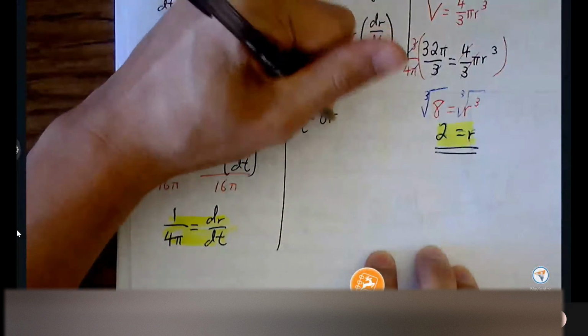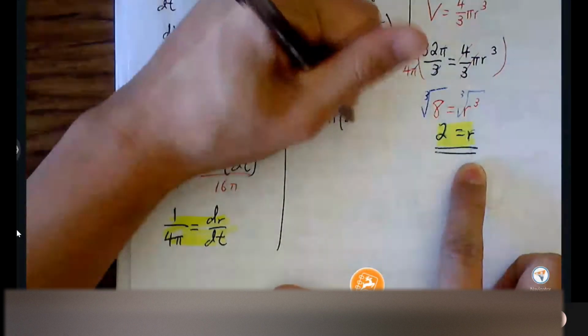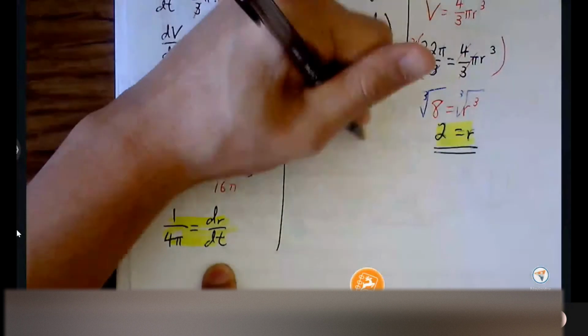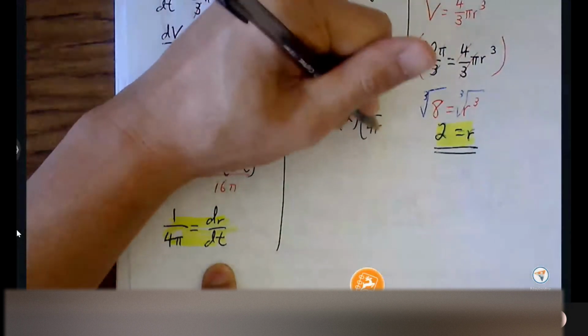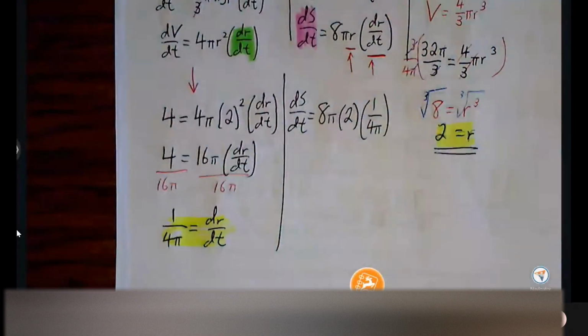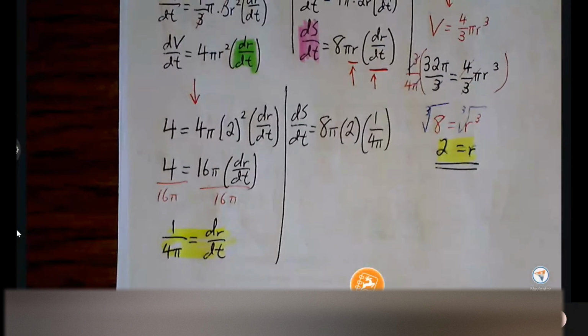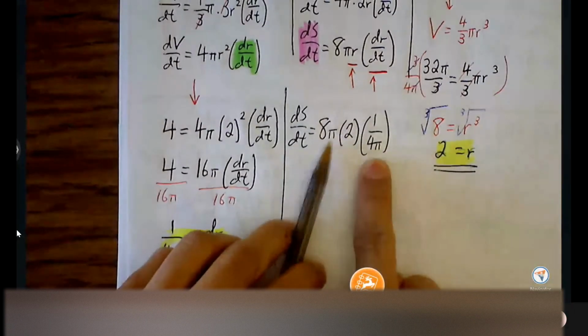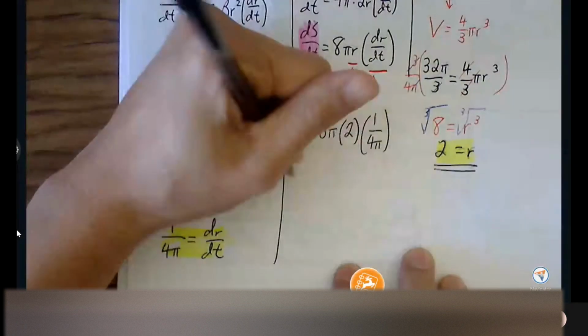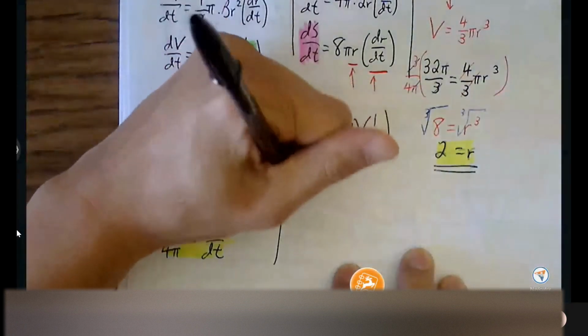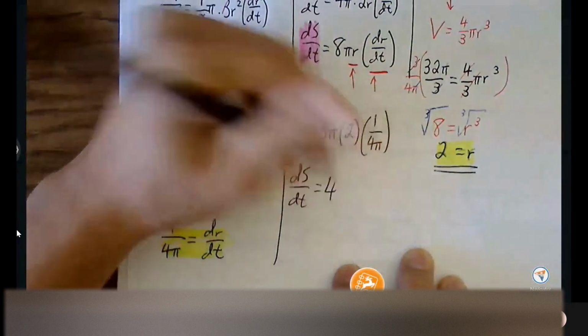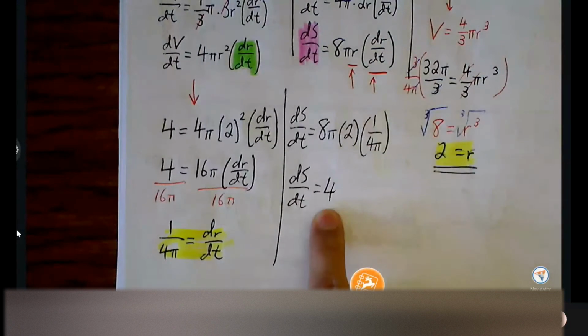So 8π r dr/dt. Multiply, clean this up, π's cancel out. 16 over 4 is just 4. And what's our unit of measure?